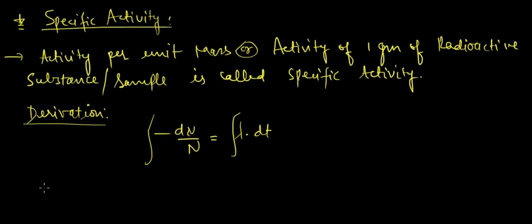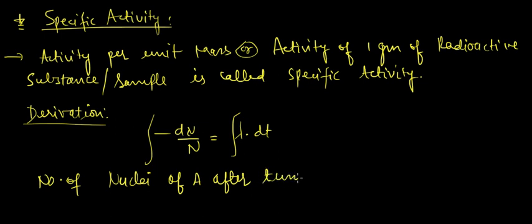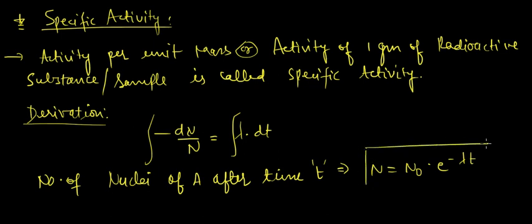So we can write that the number of nuclei of A after time t can be written as N equals N naught times e to the power minus lambda t. So this is the value of N.